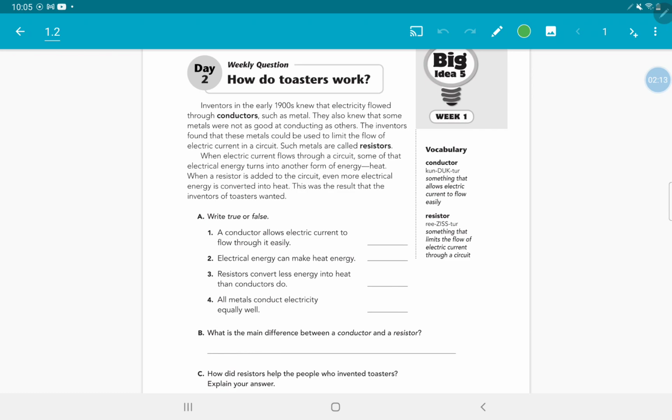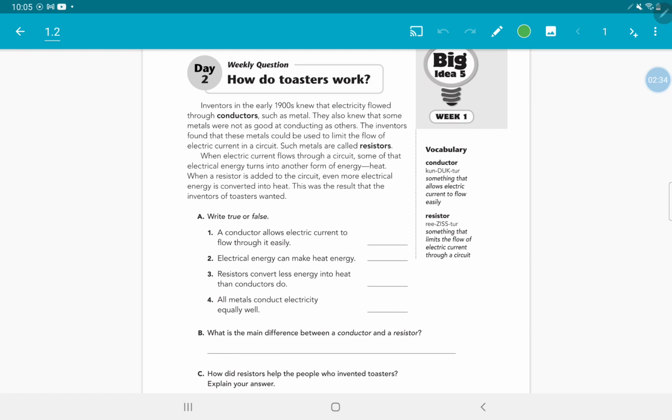When electric current flows through a circuit, some of that electrical energy turns into another form of energy, heat. When a resistor is added to the circuit, even more electrical energy is converted to heat. This was the result that the inventors of toasters wanted.